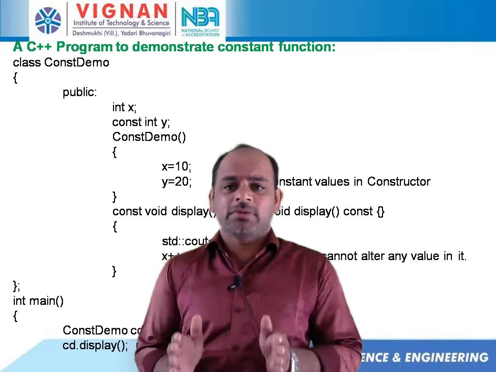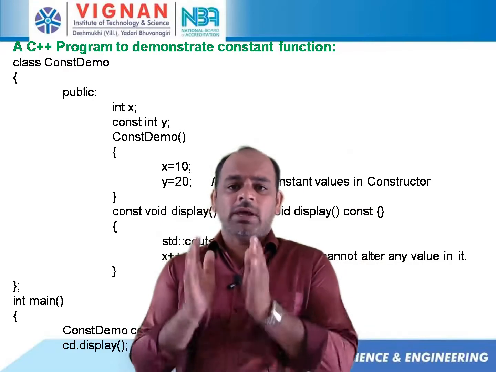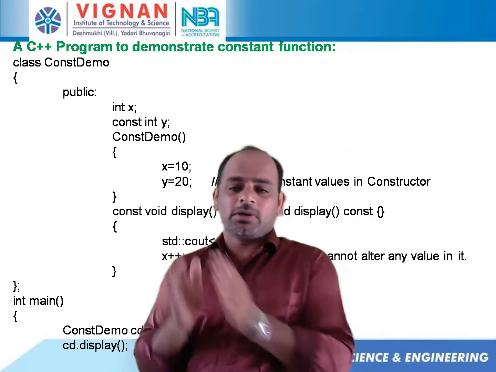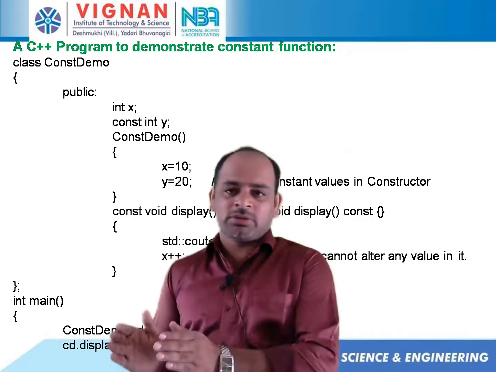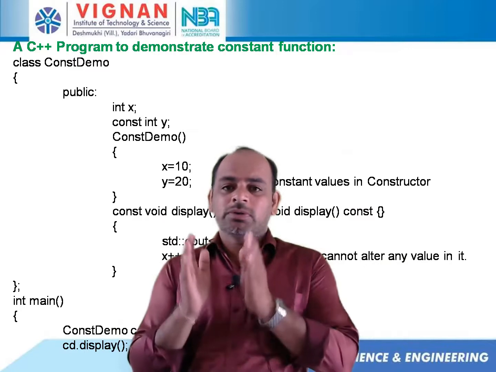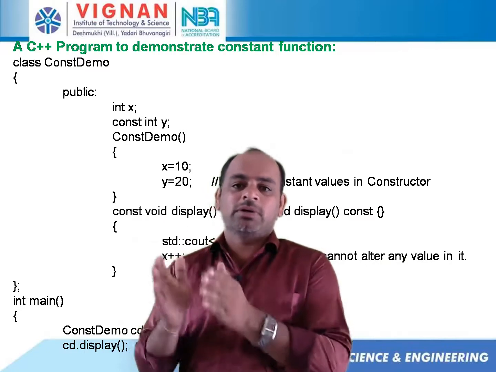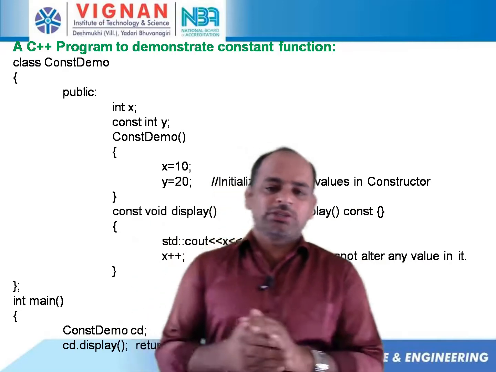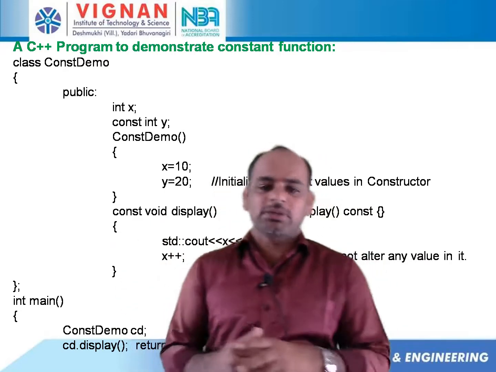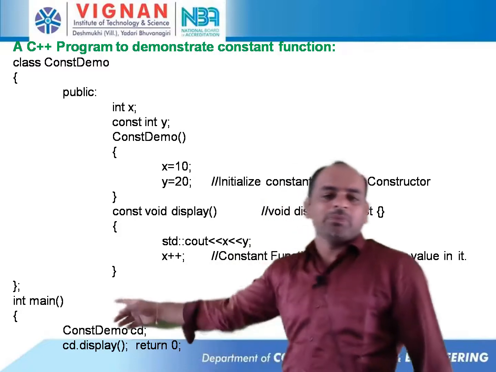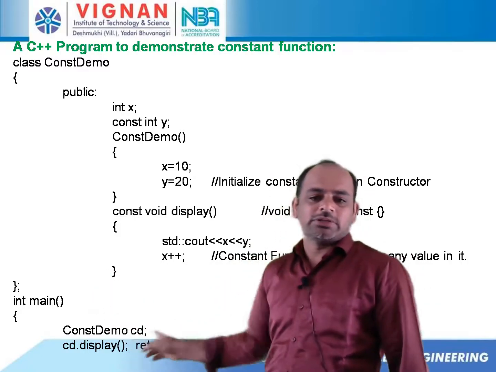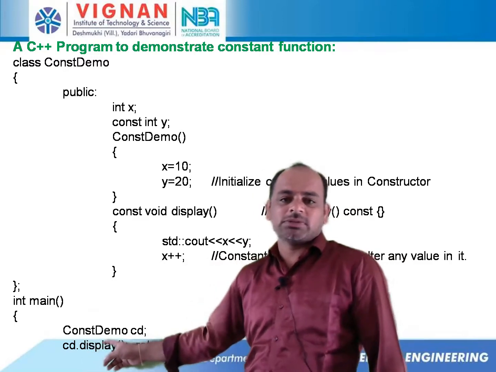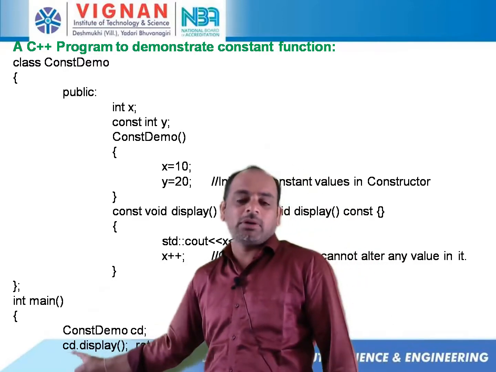The constant member function does not change the values of any members, whether constant or non-constant. If you want to change the value of a non-constant member, you have to make it a mutable variable, so that you can make changes. That example I will show in the next slide. And finally, close the class, and you can call the ConstantDemo cd object, and you can call the constant member functions by using the object name.